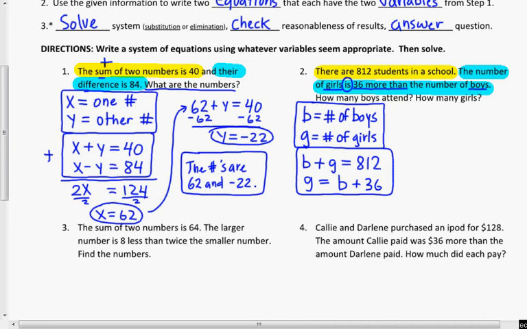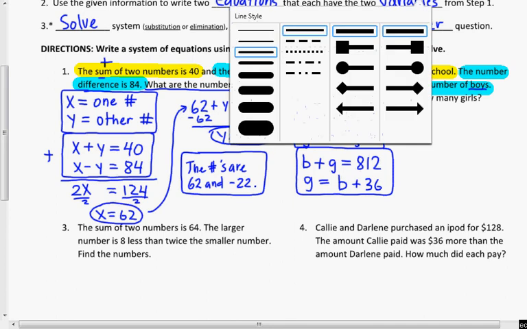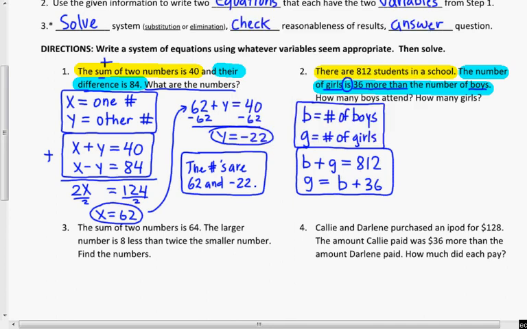In this case, at this point, it's not set up for elimination. It's set up for substitution. So let's just review how to use substitution to solve this system. If G is equal to B plus 36, then I can take B plus 36 and replace G in the first equation.